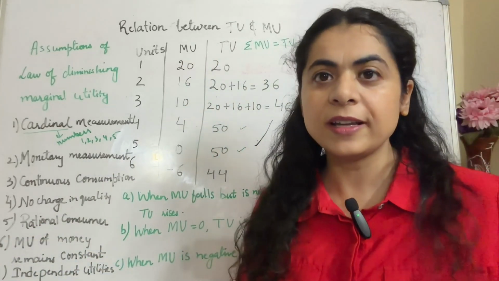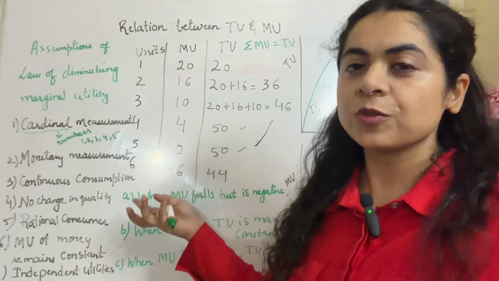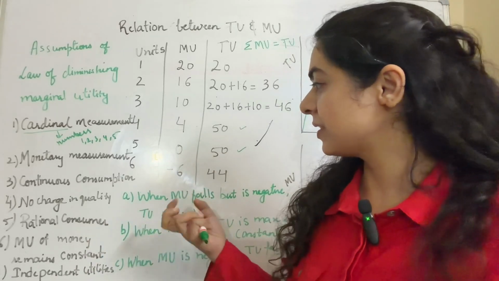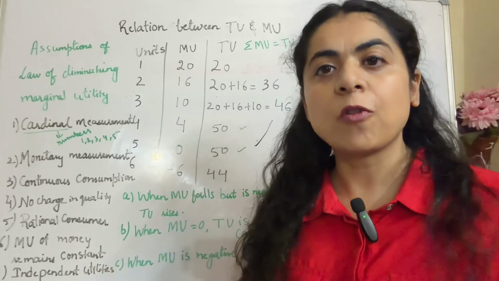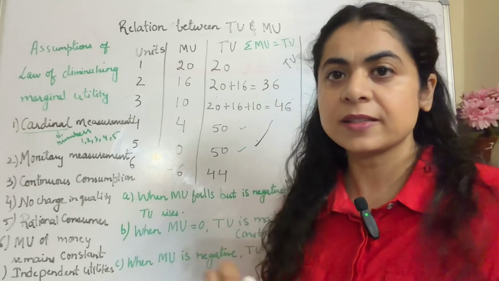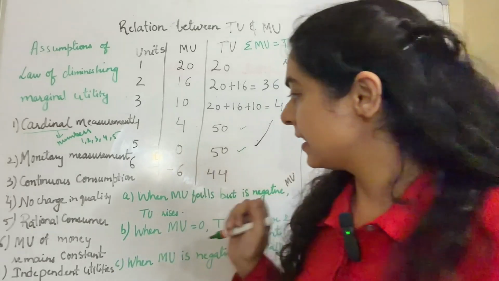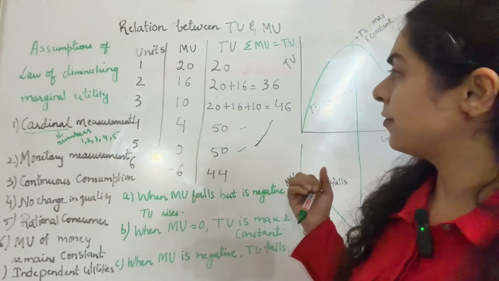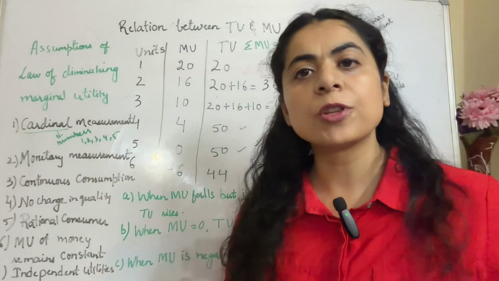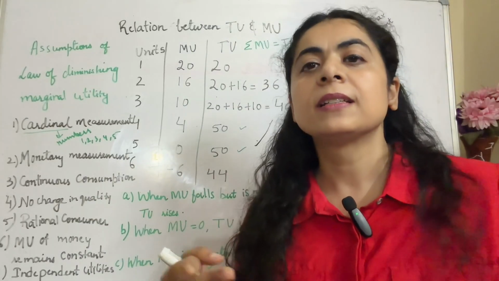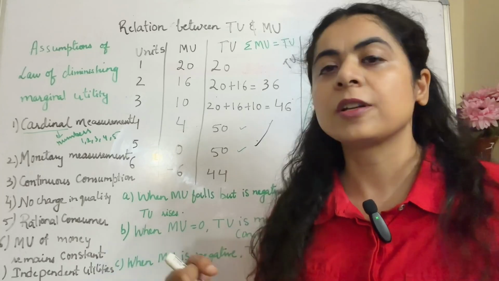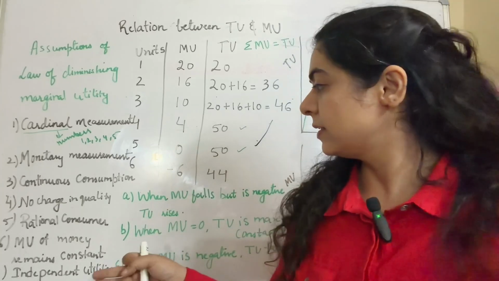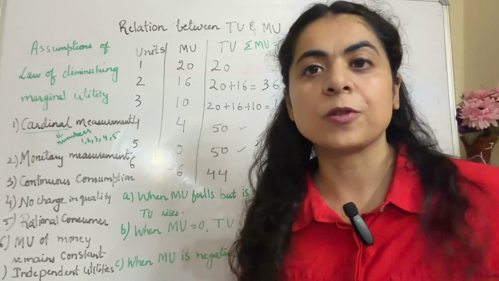Money is a commodity which, according to this law, its utility won't fall, its marginal utility remains constant. Then independent utilities, that means if the consumer is consuming, let's say, more than one good, then the consumption of one good does not affect the utility of the second good in question.